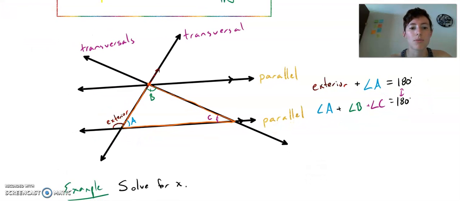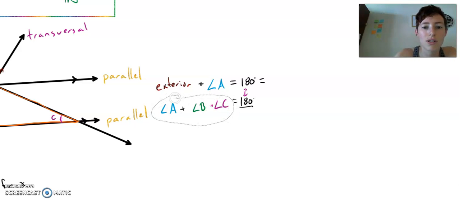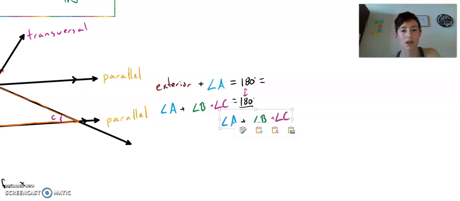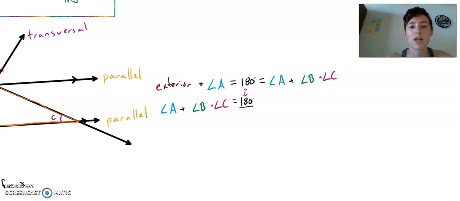So what I'm going to do is go out to the side here, give myself a bit of room, and continue writing this. 180 equals 180, so I'm going backwards. So that's equal to all of this good stuff right here. I'm going to copy and paste it. Great, wonderful.